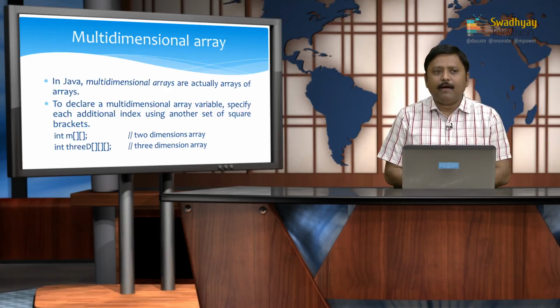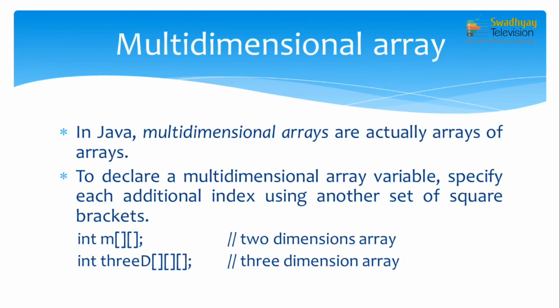So, in Java, multi-dimensional arrays are actually arrays of arrays, and to declare a multi-dimensional array variable, we specify each additional index using another set of square brackets. For example, here we have one integer 2D array with name m.